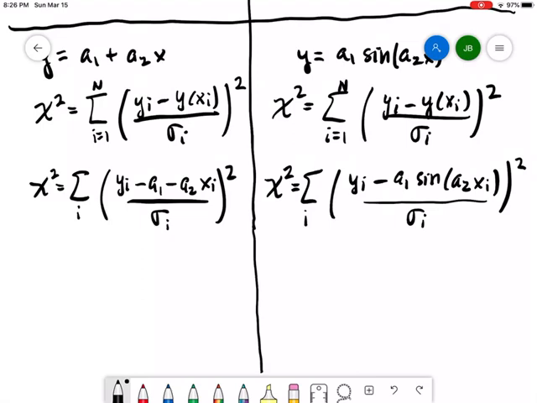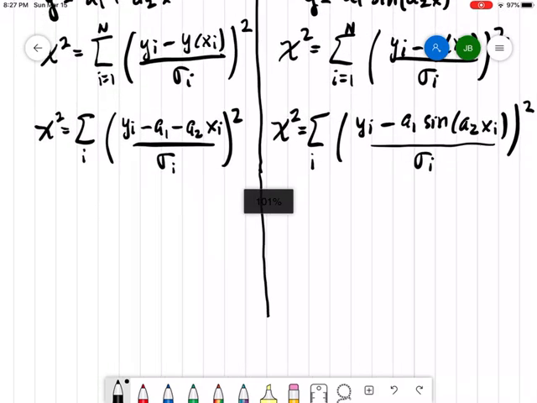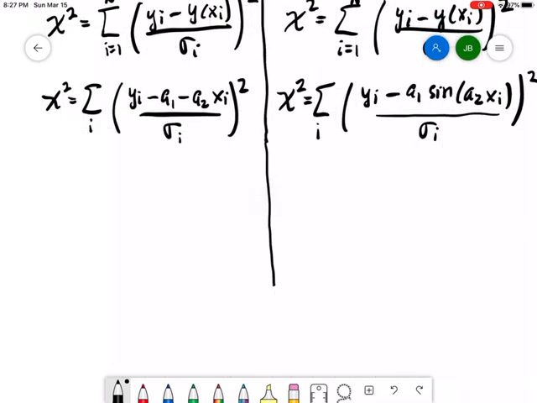Okay, so remember where chi-squared came from. This was inside the argument of an exponential when we were trying to calculate the probability that we would measure a data set x1 and y1 and then x2 and y2 and so on. And what we were doing is this method of maximum likelihood, and we maximized the probability by minimizing the chi-squared.